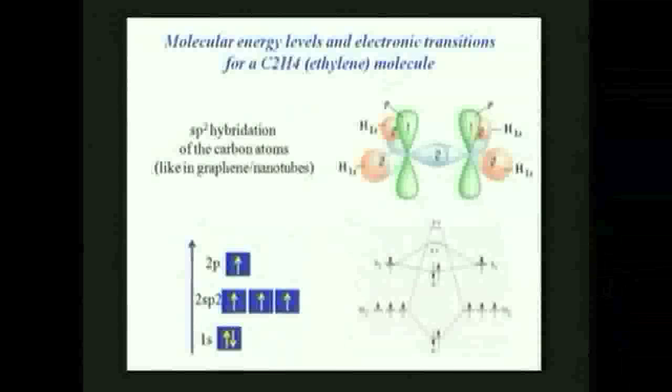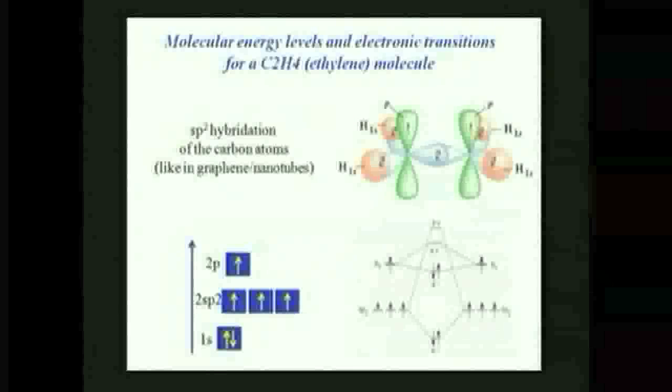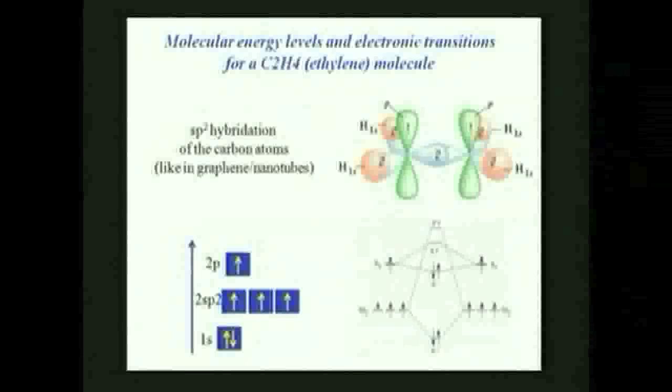So usually when you are a chemist, you are working on atoms and molecules, and you describe the electronic properties by such discrete levels, and you calculate the optical properties by considering transitions between these discrete levels.